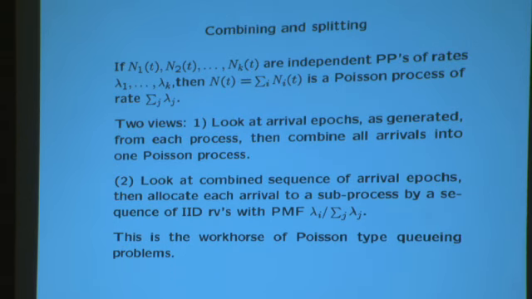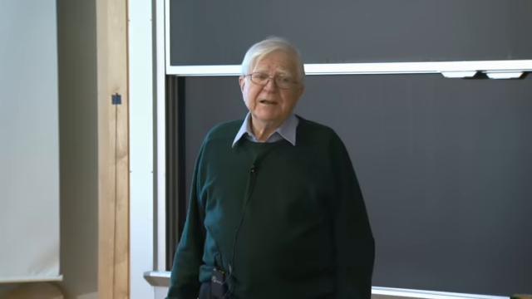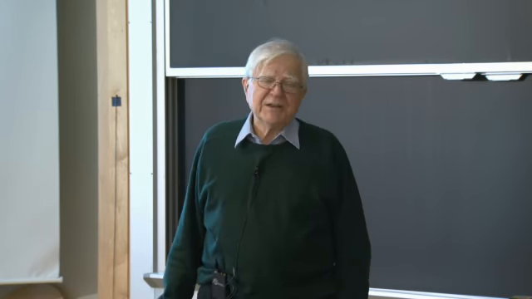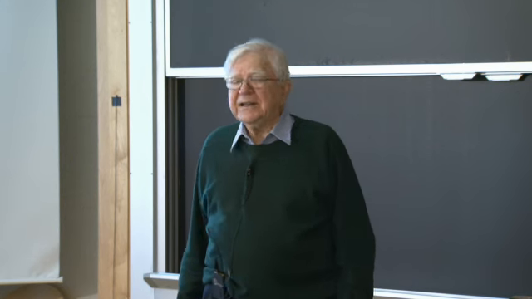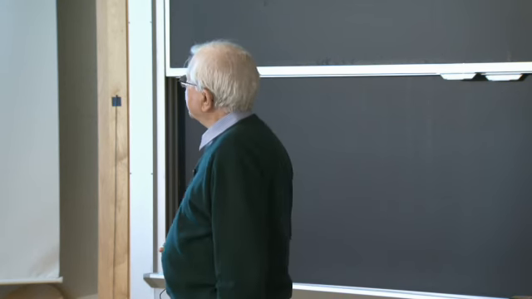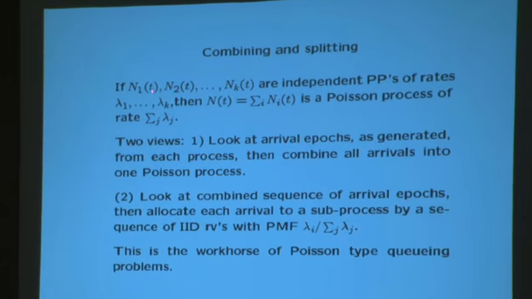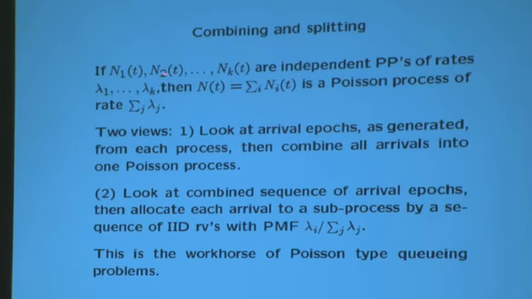As you've seen from the problem sets we've done, almost every problem you can dream of dealing with Poisson processes, the easy way to do them comes from this property of combining and splitting Poisson processes. It says if N1 of t, N2 of t, up to N sub k of t are independent Poisson processes.